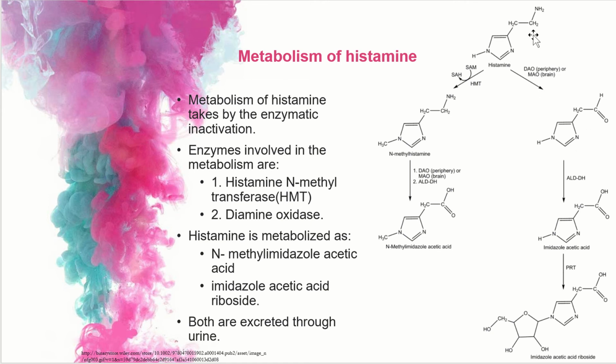And in the first step on this side of the chain, we have oxidation occurring to the aldehyde and further oxidation, and then finally the addition of the riboside. All right, so the key point here is that the metabolism of histamine doesn't follow one route, it follows two routes, and two different metabolites are synthesized, and both are excreted through the urine.